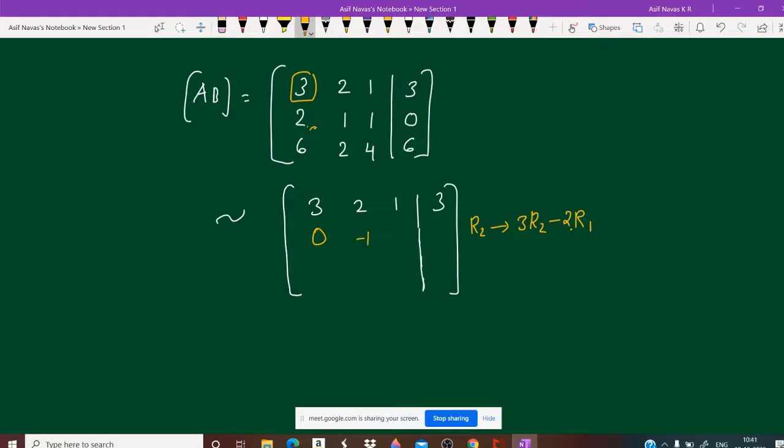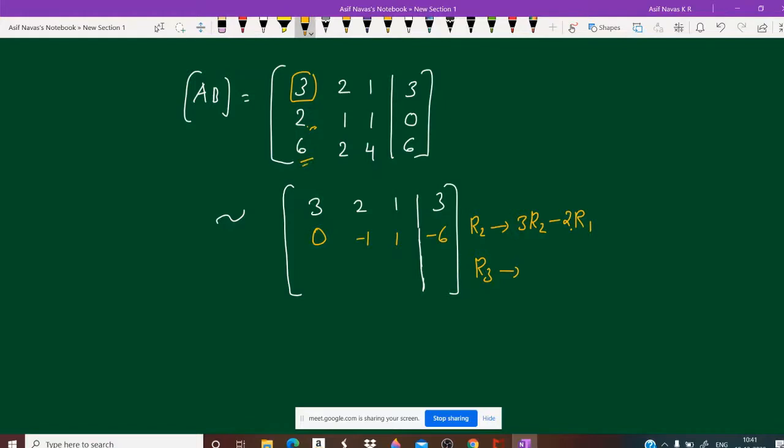Now what is here? 1. And here, minus 6. Now what will be the third row operation?